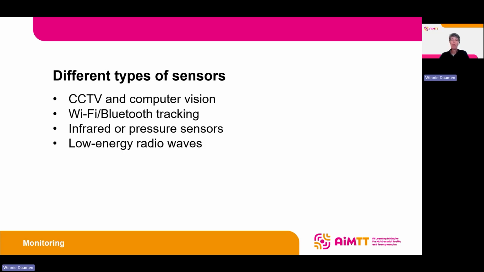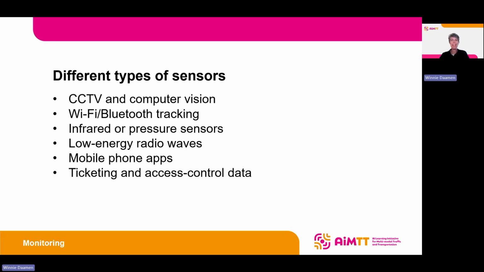Low-energy radio waves can track movement through walls, but require infrastructure. Mobile apps offer high accuracy, but rely on user adoption. And ticketing and access control data show entry and exit patterns. And of course, staff observations remain essential. Humans notice things that sensors may miss. So each sensor contributes a different perspective of monitoring.